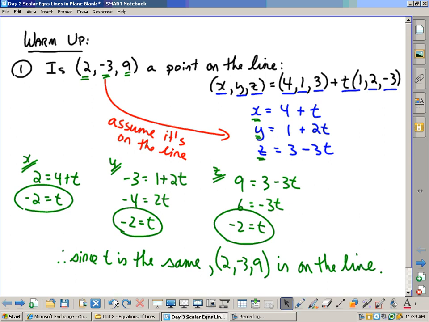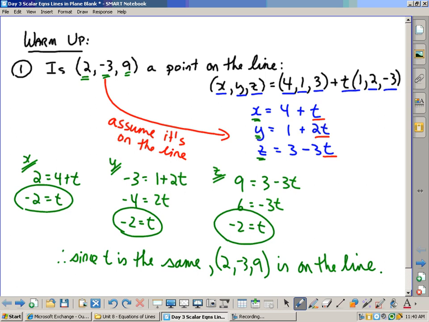So it's a quick little test to see if a point's on the line. We substitute that point into the line to see if we get the same p-value or k-value or s-value, whatever that constant is in the equation. If we get different answers, that means it was impossible to pick a single value for t that would go here, here, and here and spit out the given point.